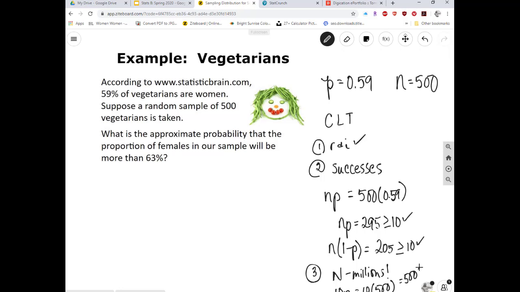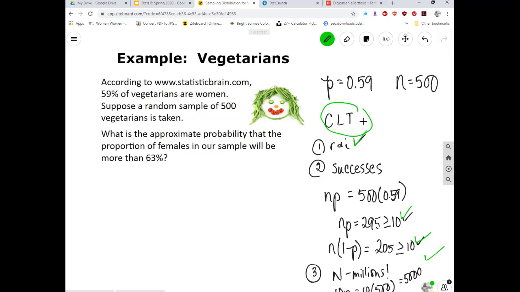So millions is much greater than 5,000, so all three conditions of the central limit theorem check out. Perfect. I'm good to go. Now I can assume normality.